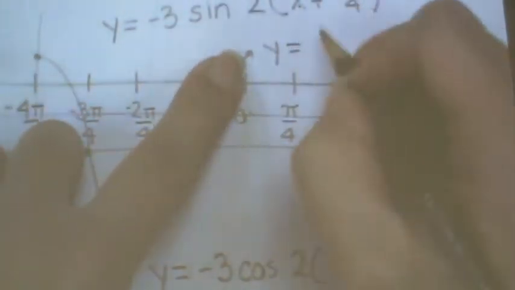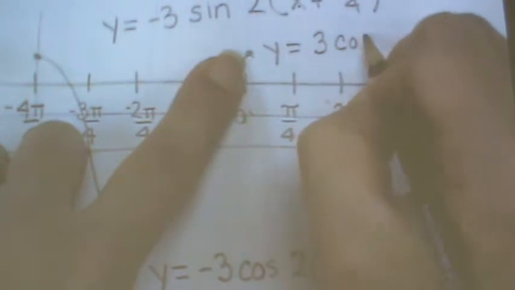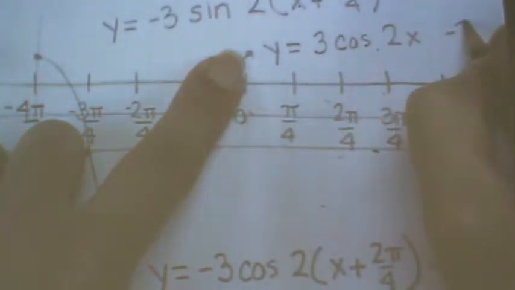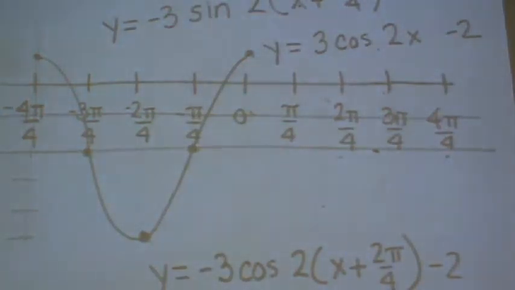If I started right here, what would this one be called? Y equals 3 cosine 2x, and then minus 2. Are you getting this? Okay. Next one.